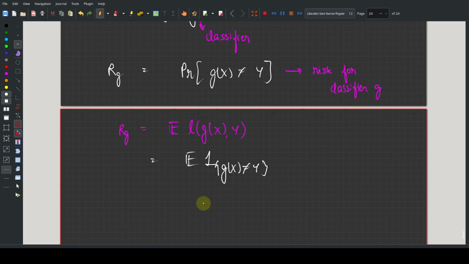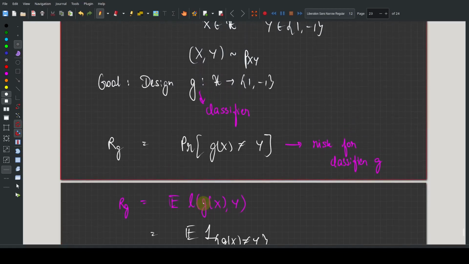Correct? So suppose that we knew what PXY is.